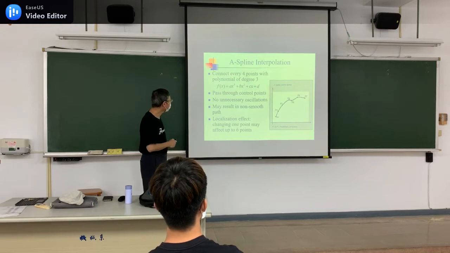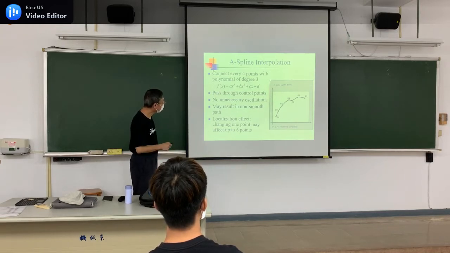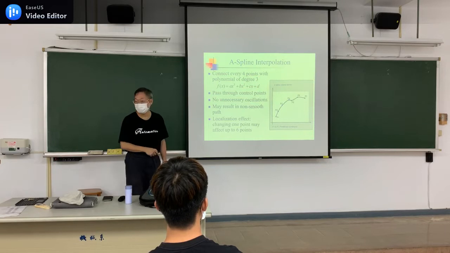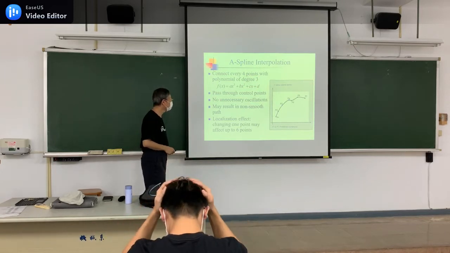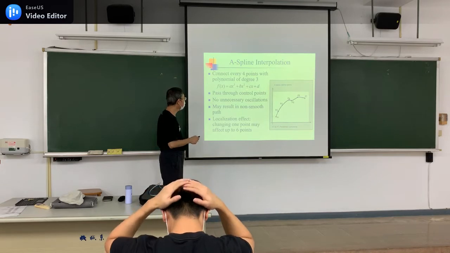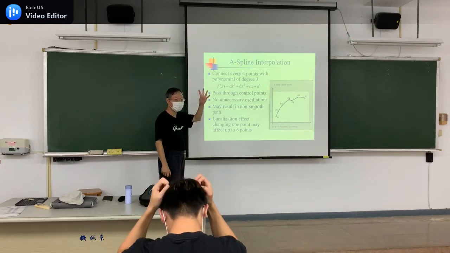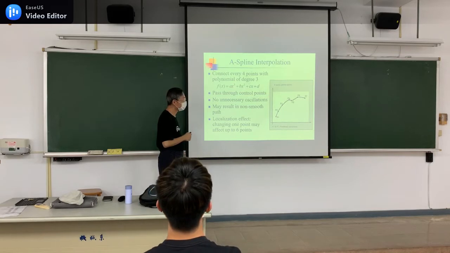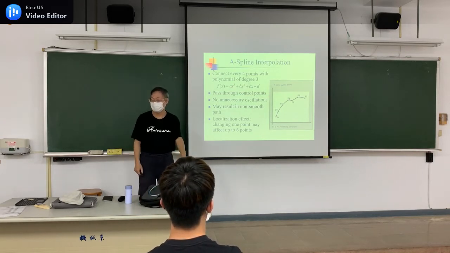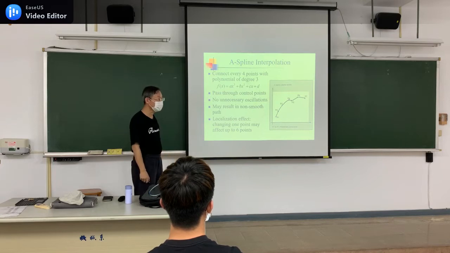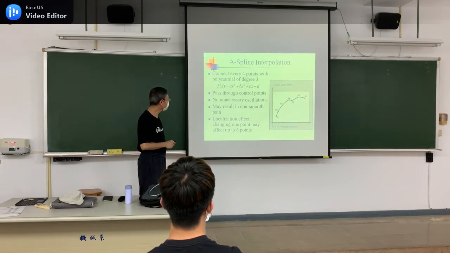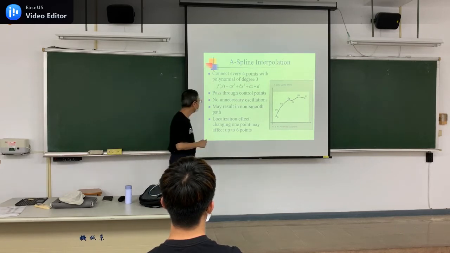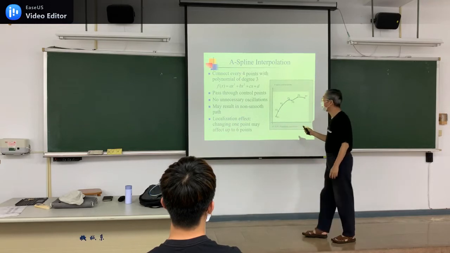In other words, we have a relationship between x and y. And y is a polynomial function of s up to degree 3. So this function has 4 parameters, A, B, C, D. We want to determine these 4 parameters such that the polynomial function can pass through the control points.